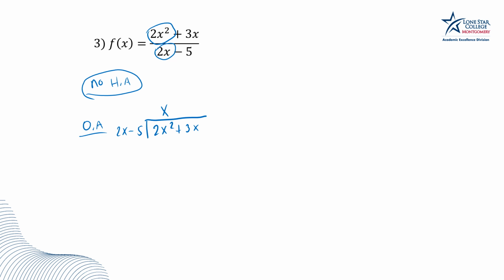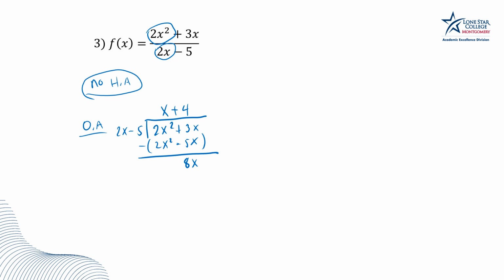If we multiply 2x times x, we get 2x squared, and x times negative 5 gets us negative 5x. If we subtract that, the first term is 0, and negative negative 5x is a positive 5x, so that gives us 8x. Now how many 2x's can go into 8x? There would be 4, so we do plus 4 on top.